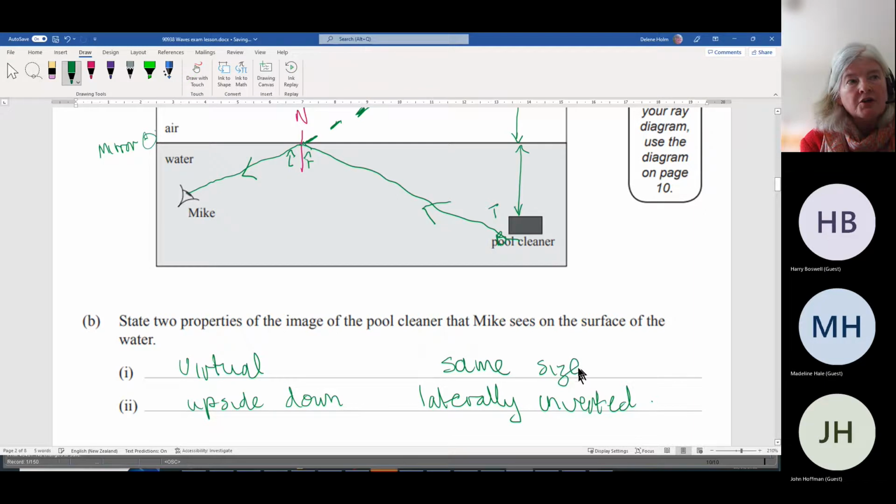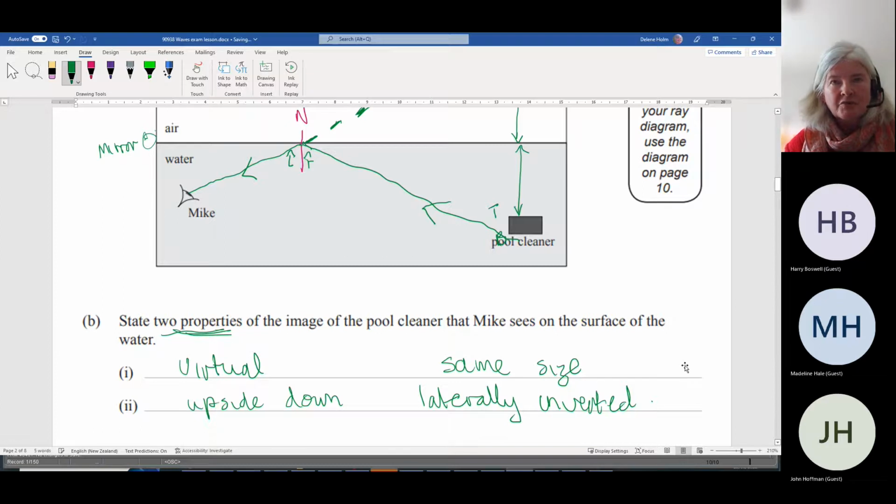So whenever they ask you for the properties, it's always: is it virtual or real? Is it bigger, smaller, or the same size? Is it upside down or upright, inverted or upright? Those are the three properties of images. You can put in all three, just in case you went wrong on one of them, and hopefully they'll still give you the achieved mark.